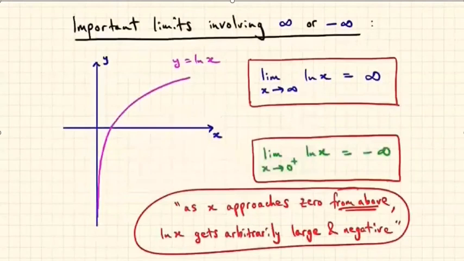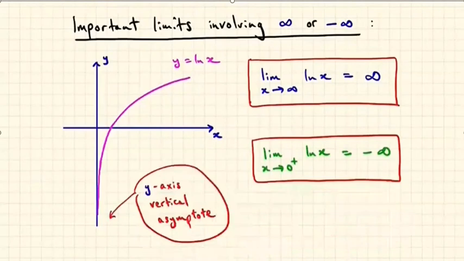Finally, we note that as x approaches 0 from above, ln of x gets arbitrarily large and negative, expressed using this one-sided limit. And the negative half of the y-axis becomes a vertical asymptote.